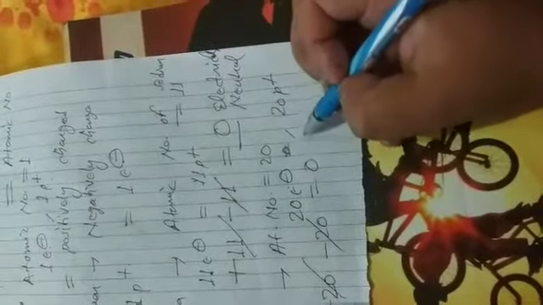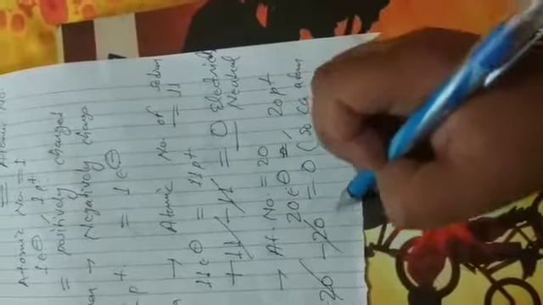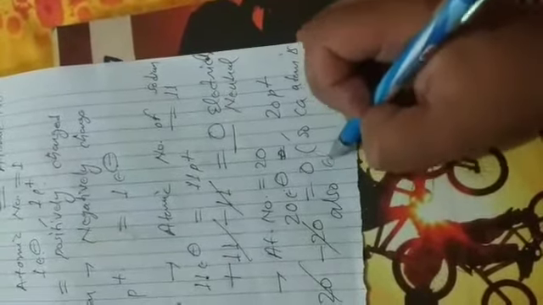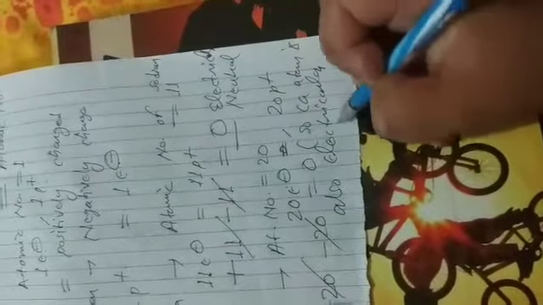So these charges cancel out. So the calcium atom is also electrically neutral.